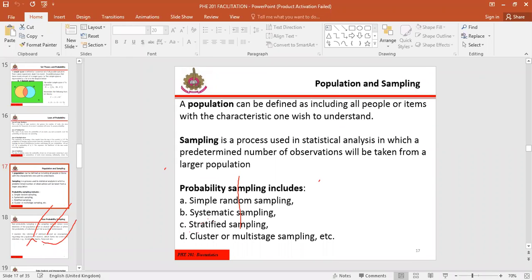Now, population and sampling. We know that there is no way you can perform any data analysis without having a specific population. Population means the general study area or the general group that you want to study.